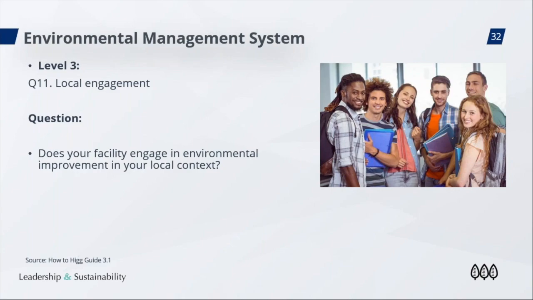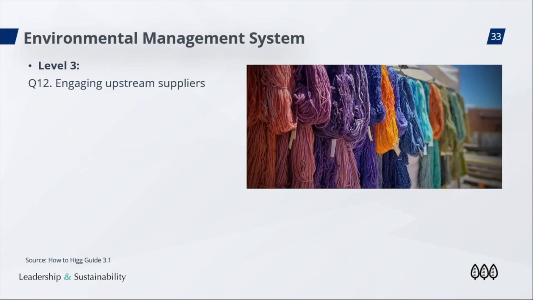And here, in order to respond yes, you should have documentation, for example, evidence of environmental improvement in your local context, in your community, for example, donations to local charities, participation in local environmental initiatives, clean up actions, community service outcomes, newspapers, etc., and also a list of local stakeholders and dates of engagement.